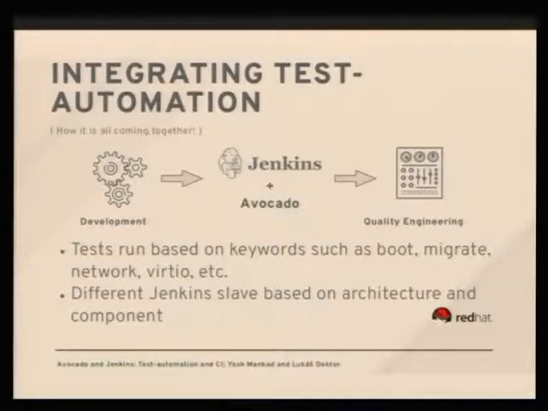I know Lukáš is going to cover more about it in detail, but to put it simply, Avocado is based on Autotest, and Autotest is the framework that is used by our QE team. So if we use a testing tool that is used by our QE team in the development process, two things happen.